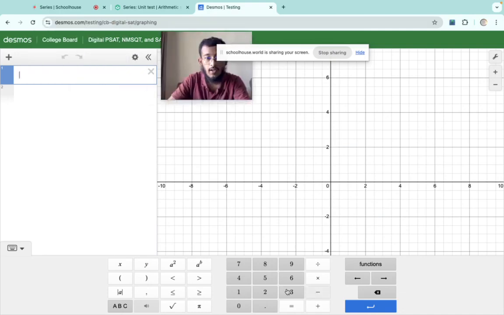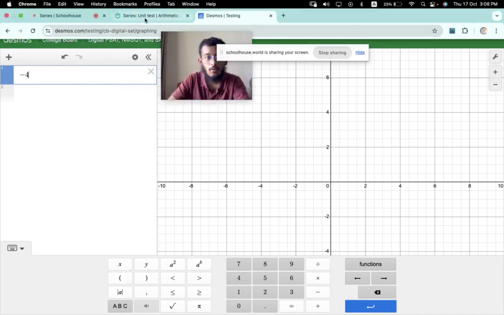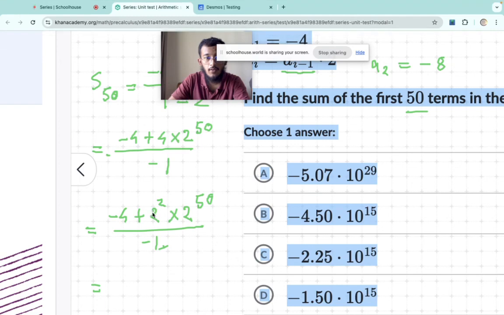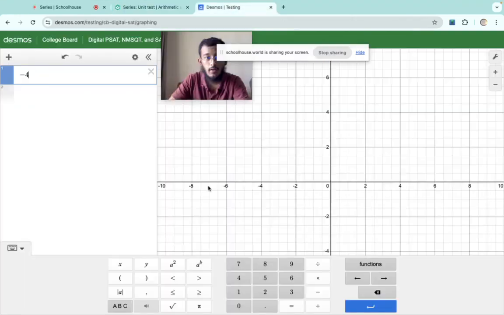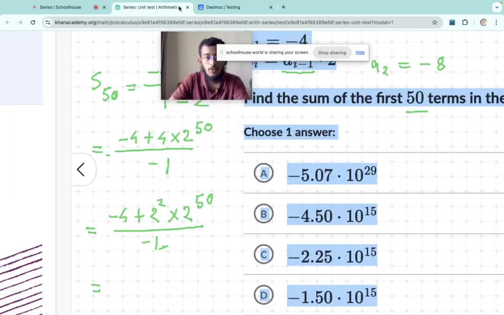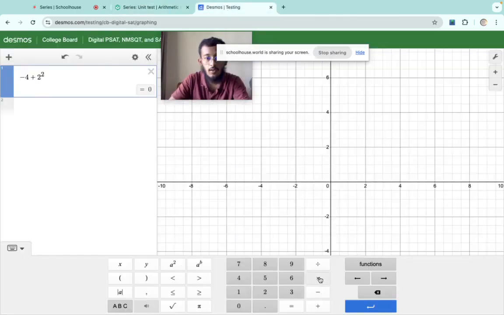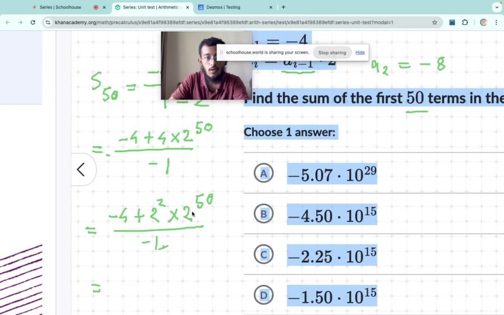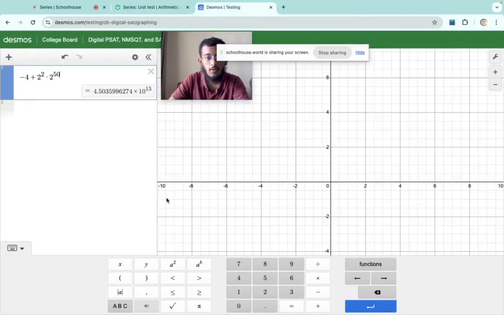So -4 plus 2 squared into 2 to the power 50, and divided by -1, which means bracket, because we are dividing the entire thing by -1.